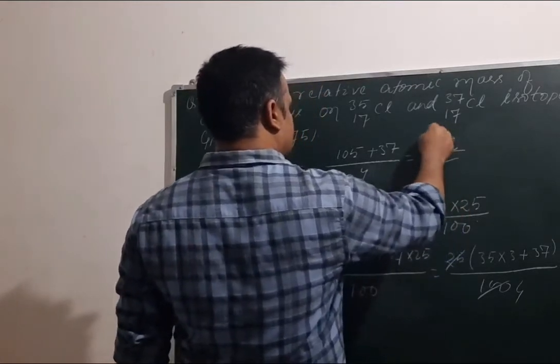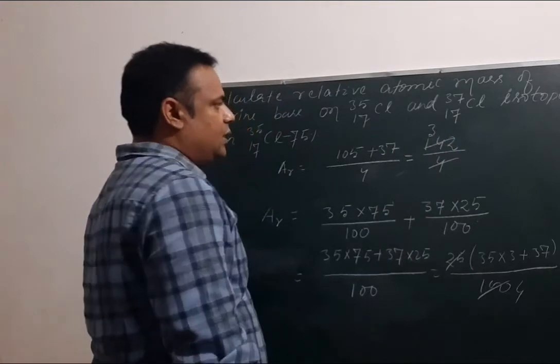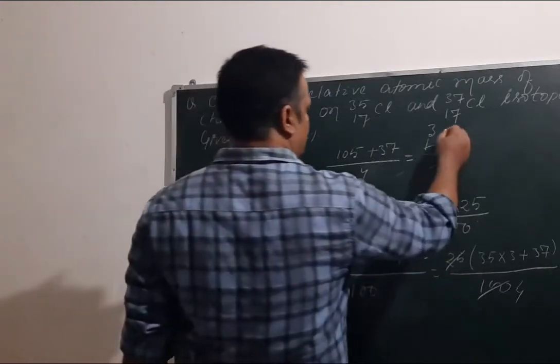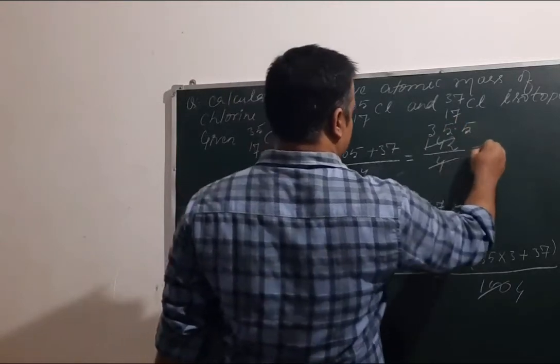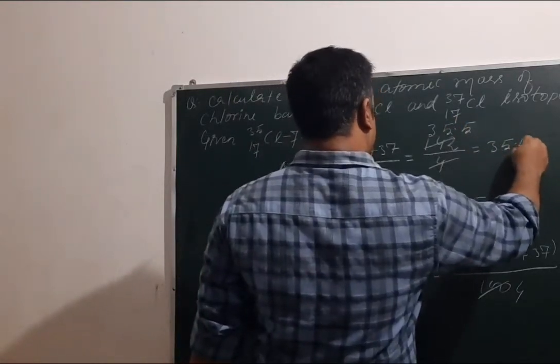Four 3s are 12, four 5s are 20, and that is equal to 35.5.